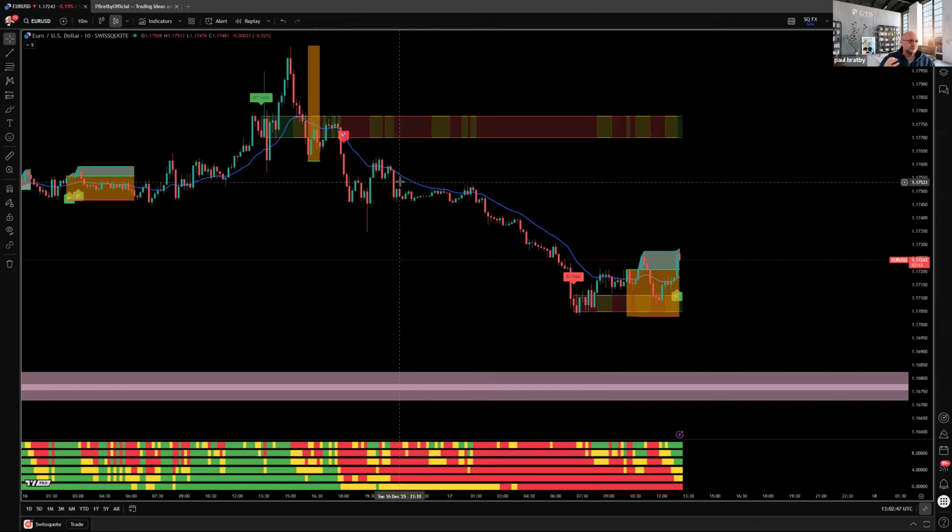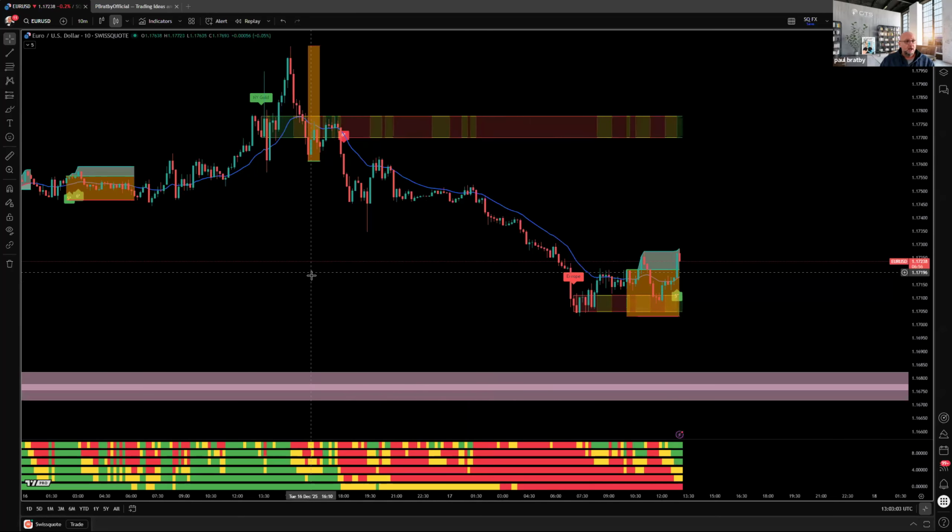For me, if I'm trading currencies or oil or gold, 10 minutes is a fantastic time frame. It allows me to use my range breakout that you see here. It allows me to use the roller coaster and it also allows me to use my xBrat algo.